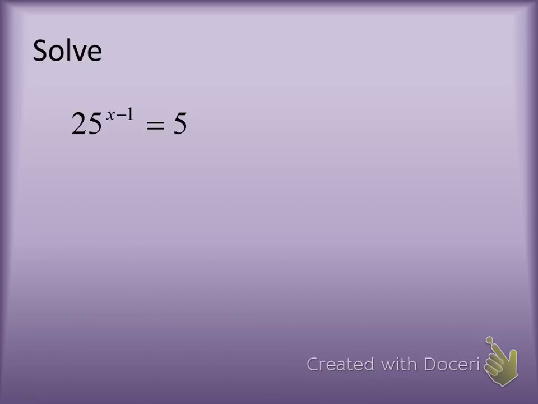Didn't you say it? 5. No? Oh, someone said it. Anyways, 5. Okay. 5's already 5. That's good. 25 is what? 5 to the second. So 25 is 5 to the second power. And it's all still to what power? The x minus 1 power, which equals 5.